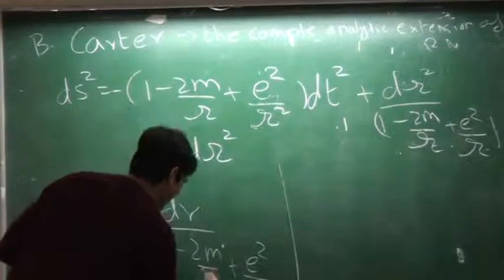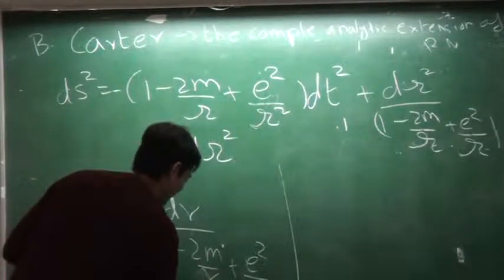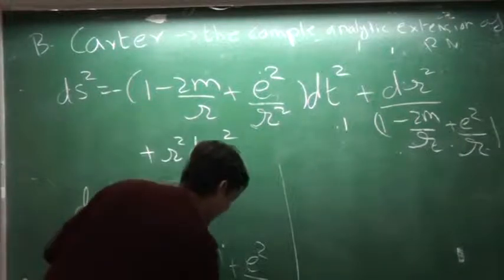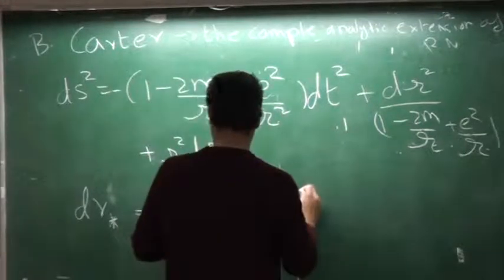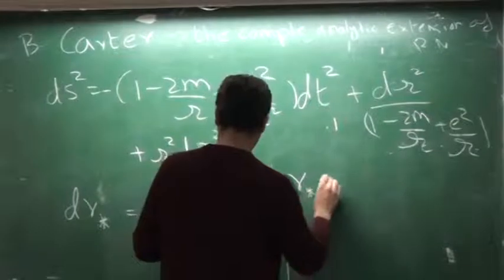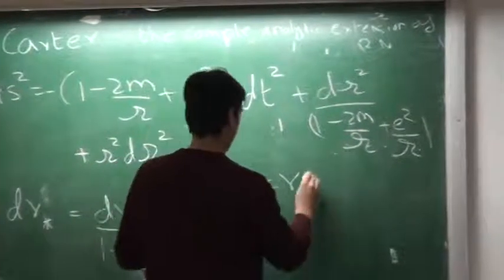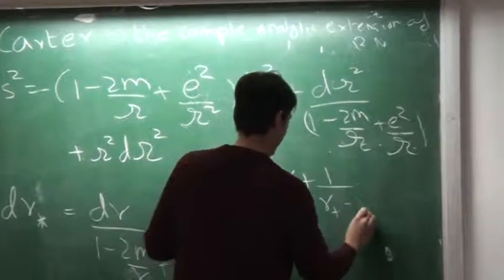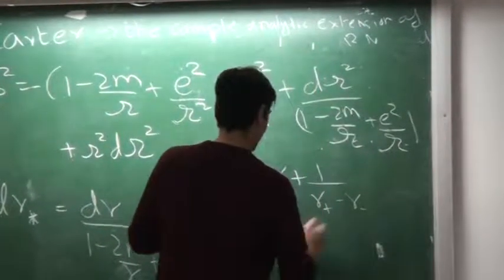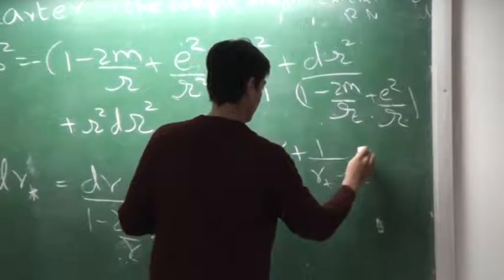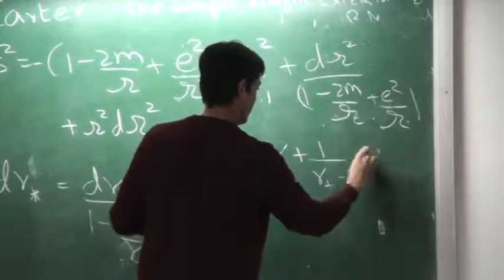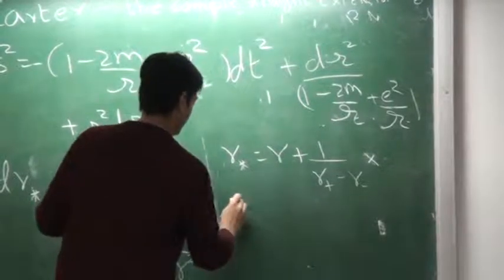This 1 by (r minus r plus)(r minus r minus) divides this.